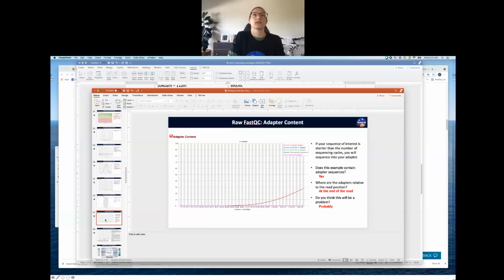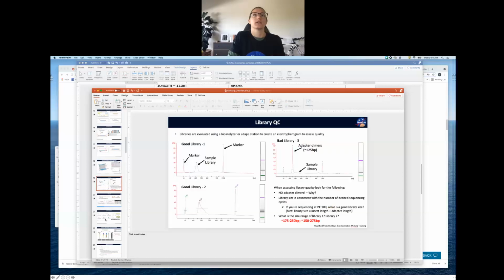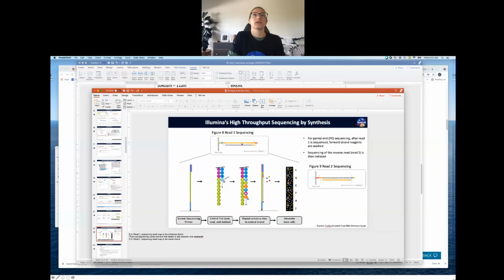We also talked about adapter content. So remember, if we have an insert that is smaller than the number of cycles we are sequencing, we could sequence into our adapter. Basically, if we're sequencing at 150 base pairs and we have a 100 base pair insert, like we just talked about, it's going to sequence 150 bases no matter what.